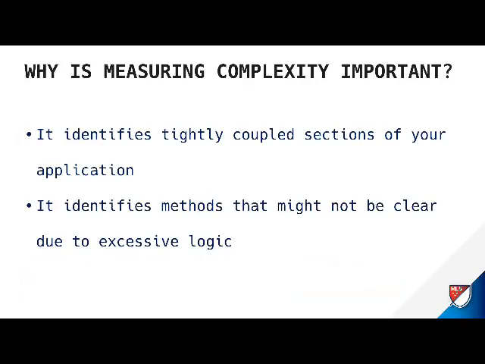Remember that whoever comes behind you, even yourself, when you come back a week, a month, 6 months later, and this happens to us a lot, we might not touch some services or some node modules for months at a time. And so when we come back, if it's a very complex system or complex module, we're going to have a lot of difficulty ramping up and saying, wait a minute, how does this behave?